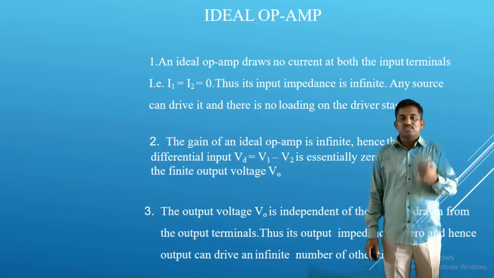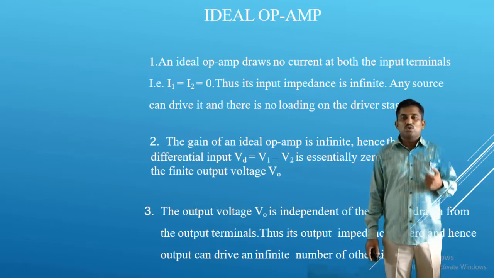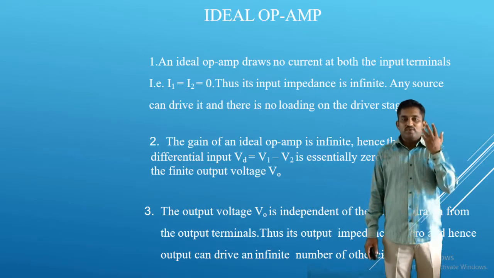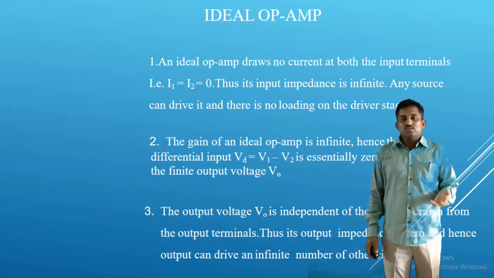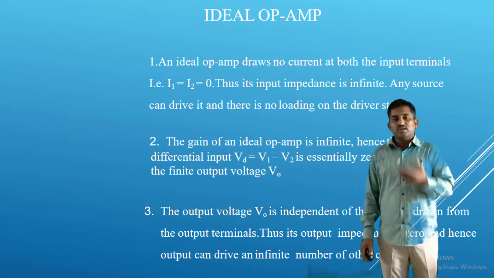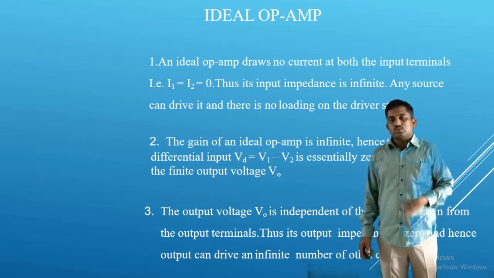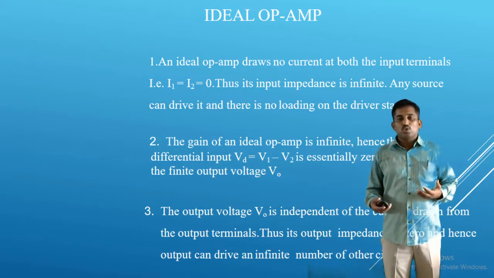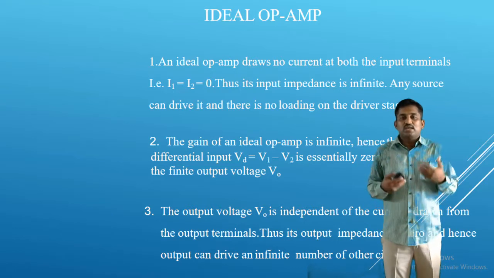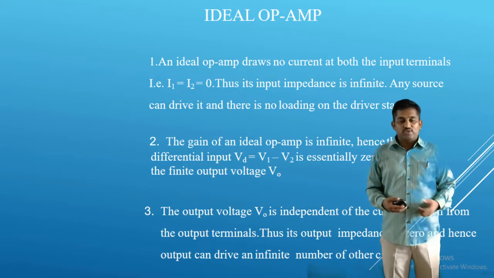So Vd = V1 - V2. If Vd is equal to 0, then what happens? A0L = V0 by Vd. If V1 - V2 = 0, something divided by 0 is equal to infinity. So we consider the gain of the ideal op-amp to be equal to infinity.